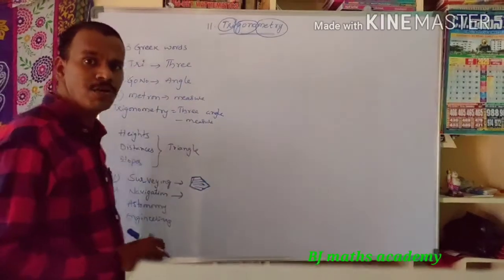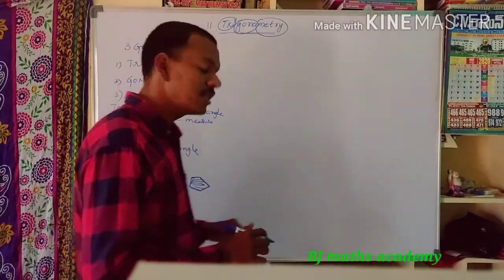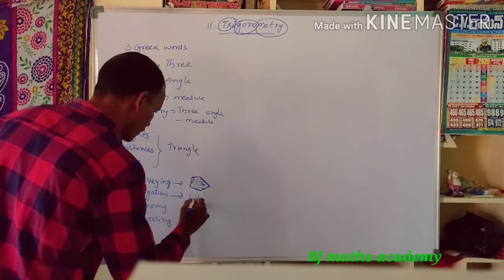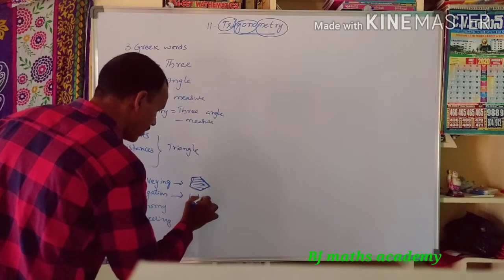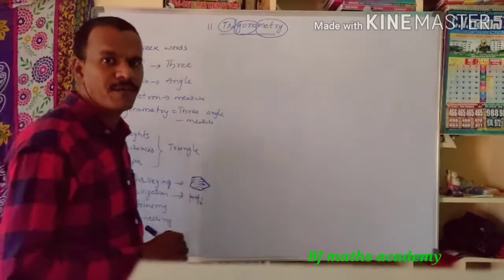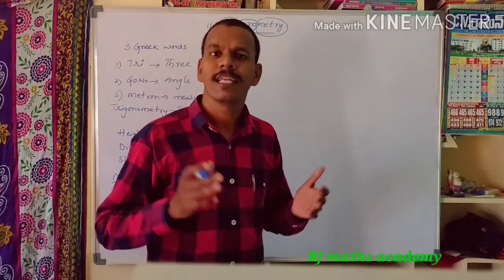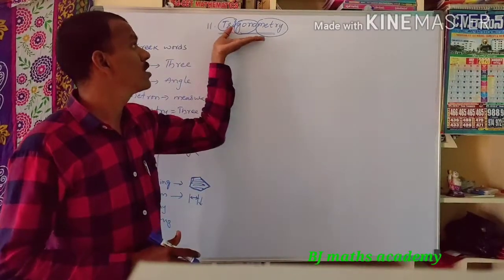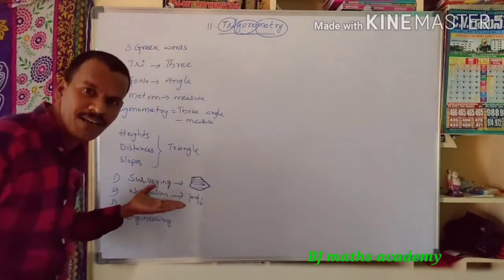In navigation we can find the width of the seas, the depth of the seas, and the width of the oceans. For that we use trigonometry in navigation.